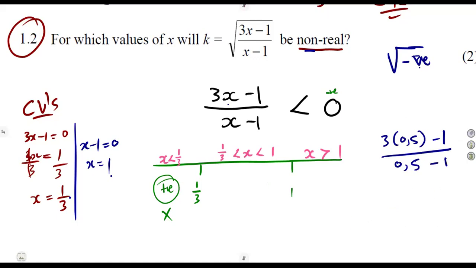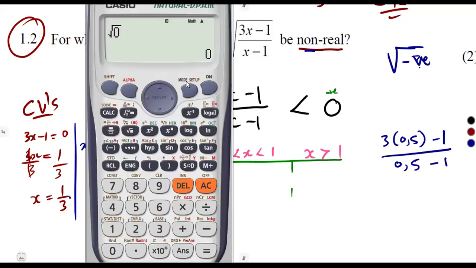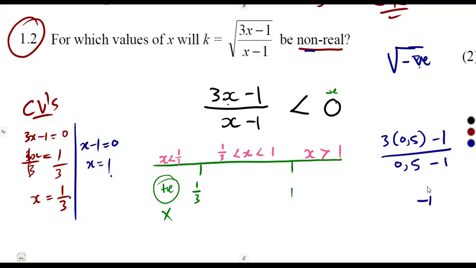Let's see, guys, for this value, what are we going to have? That's 3 into 0.5 minus 1, everything over 0.5 minus 1. So that's a negative 1. We are getting a negative, less than 0. This is where we get a negative.